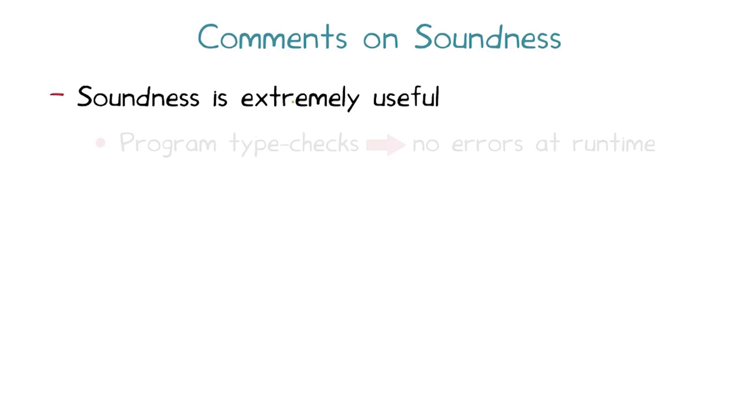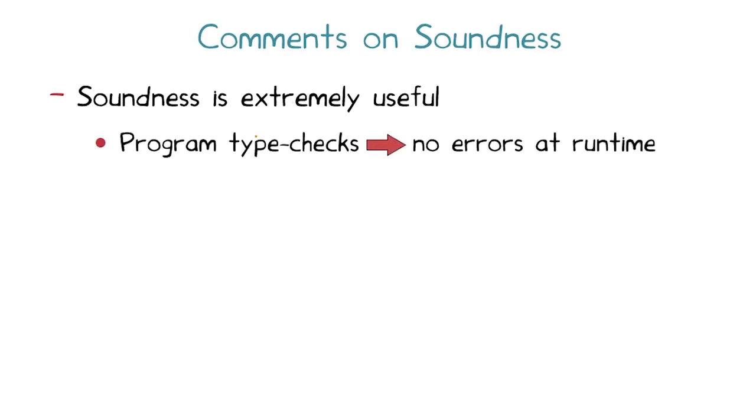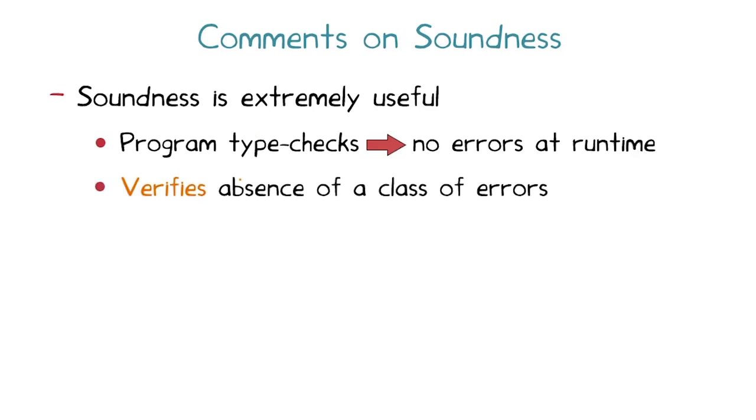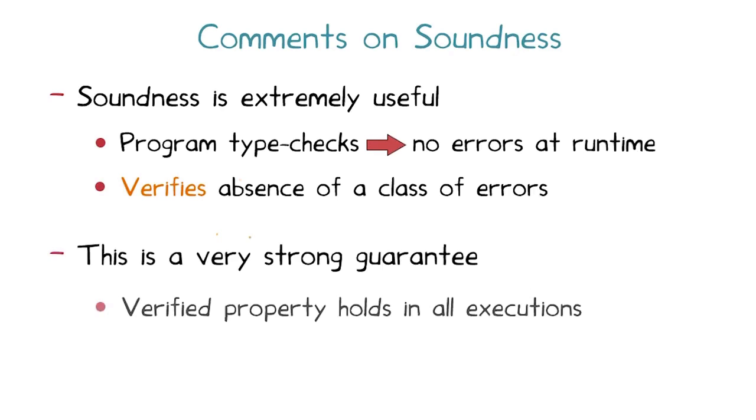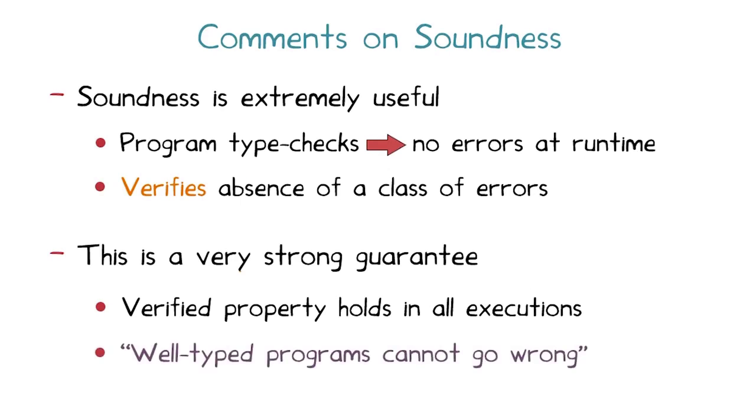If a program type checks according to a sound type system, then no errors of the kind checked by the type system can arise in any execution of the program. We say that a sound analysis verifies the absence of a class of errors. This is a very strong guarantee. The property verified holds in all executions of the program. This guarantee is encapsulated by Robin Milner's classic slogan, "Well-typed programs cannot go wrong."